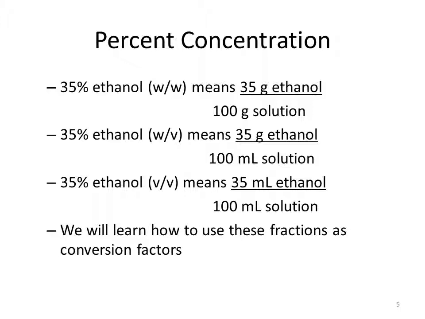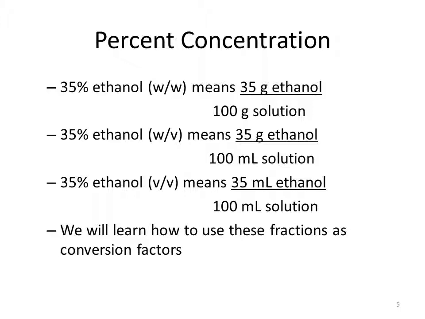So now what we're going to do is we're going to learn how we can use these fractions as conversion factors. I think you already have a good idea that you will be using them to cancel out things in order to get what you want. But realize, there is, after the unit gram, ethanol or gram solution. There is, after milliliter, either ethanol or solution.